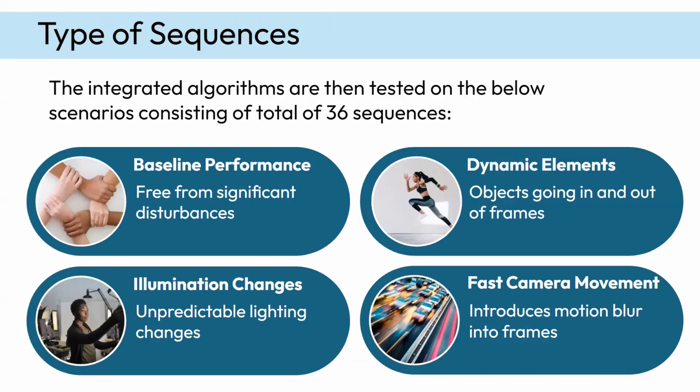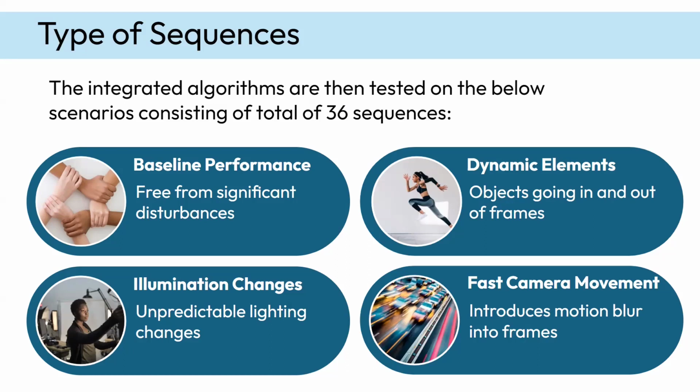The algorithms are tested on the below scenarios consisting of a total of 36 sequences. First, baseline performance. These sequences are environments free of significant disturbances, and as such will be used as the baseline performance. Second, illumination changes. Some SLAM systems depend on consistent lighting for mapping and may be negatively affected by unpredictable changes in brightness, be it natural or artificial.